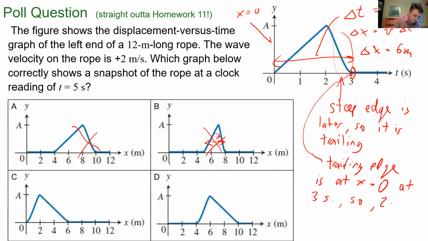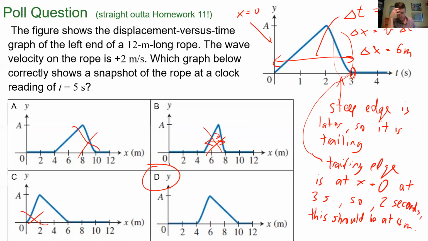So 2 seconds later, at 5 seconds, the trailing edge should be at 4 meters. So you need something where the trailing edge is at 4 meters. That one's wrong, so it's got to be this one. I think it's got to be D, which 22% of you got. I hope you followed my reasoning there.